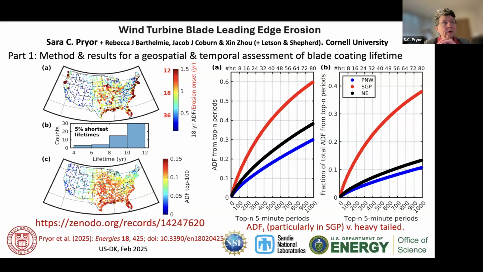But at the moment, we're not aware of anybody dynamically operating to try and reduce erosion. A big major wind farm owner operator that we spoke to said that they did not yet feel confident that the loss of power production would be worth the blade coating lifetime extension.